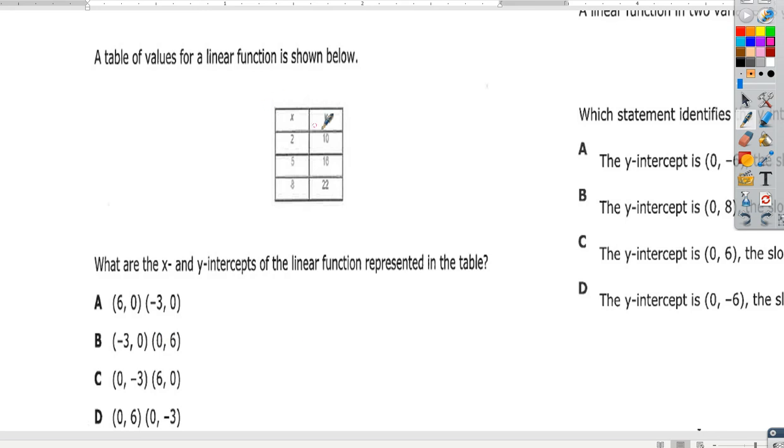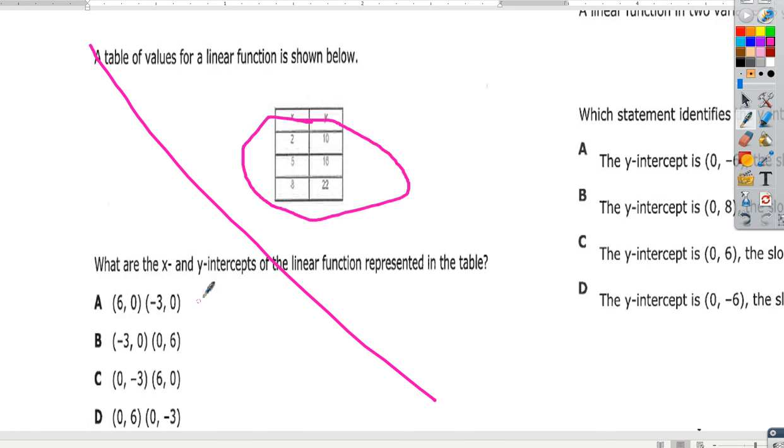You're gonna have to find the equation of the line. You know what? Go ahead and skip this one. I would try it if you want to challenge yourself, but it's something that we haven't gone over yet, and I don't want to confuse you, make you feel like you just can't do it. So skip it. If you want to challenge yourself, find an equation for these points, and then see which one of these is the x-intercept and the y-intercept.